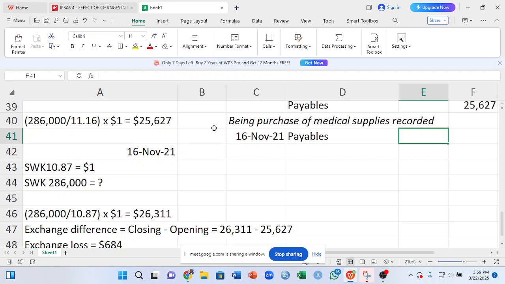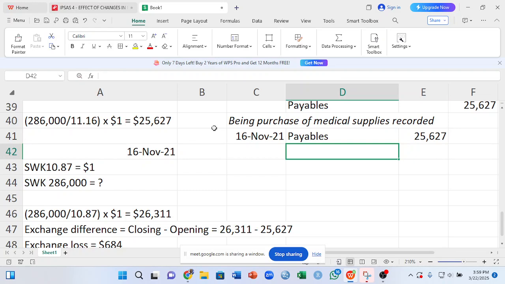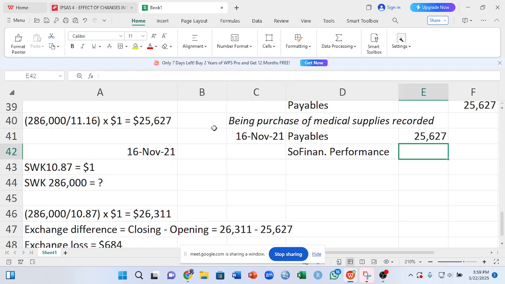We will debit our payables with 25,627. The difference, because it still doesn't sum up to the total we are paying right now, will also go to the statement of financial performance, which is 684.